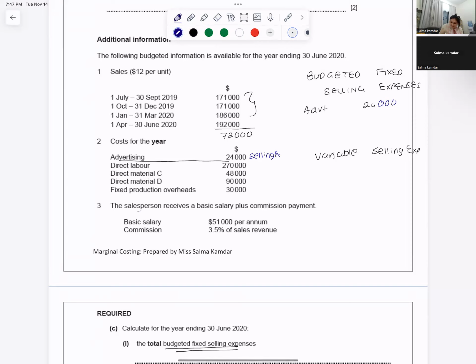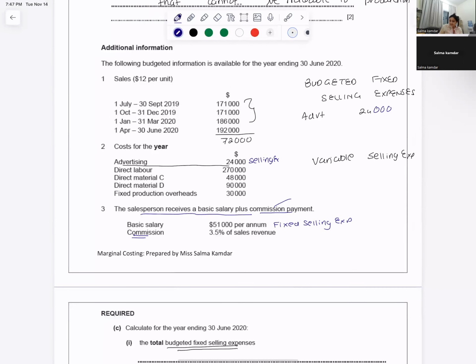Then our salesperson receives basic salary plus commission. Whatever is the basic salary is the fixed selling expense. Whatever the commission is, it is based on sales, which means it is variable.